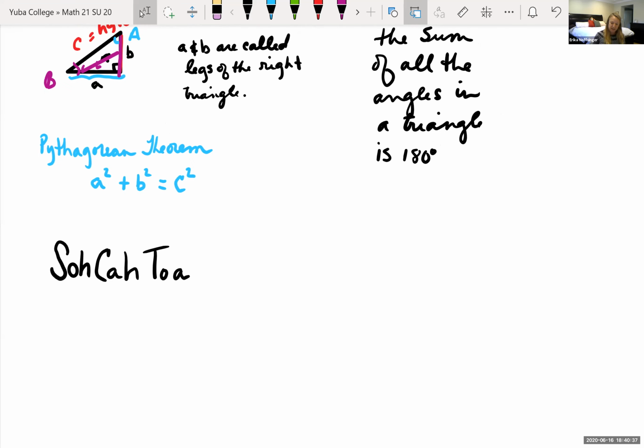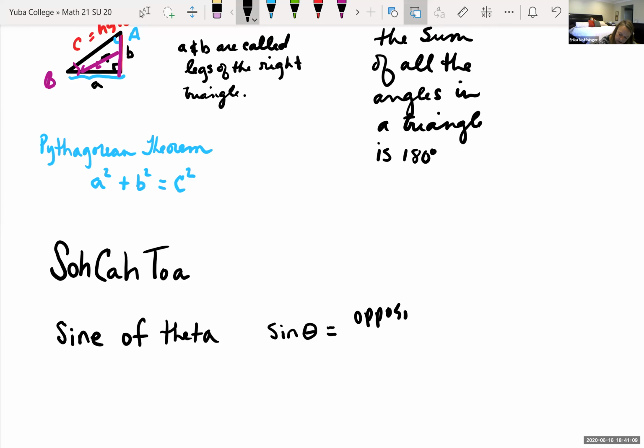S represents your sine value, which we write as sin of theta. This is equal to, notice that it has OH, so O is the opposite side, all over H, which represents the hypotenuse.